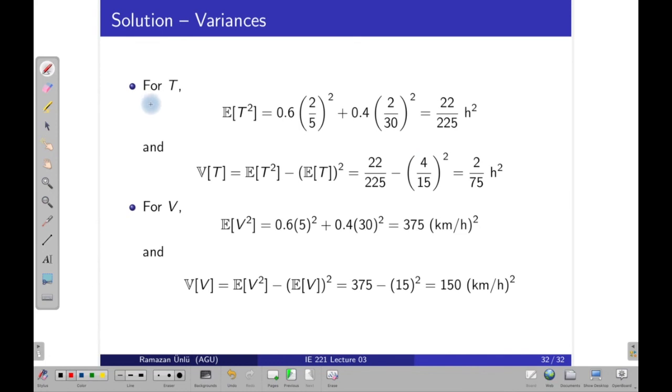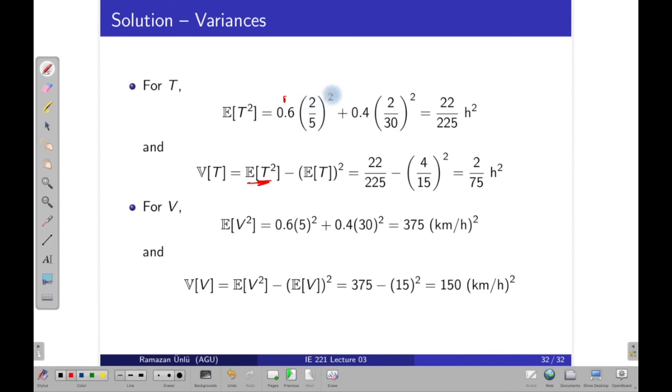The first one we have to calculate is for the time, right? And what was the formulation of the variance of t in this case? The expected value of t squared minus the square of the expected value of t. Let's first calculate the expected value of t squared. These are the given probabilities, and these are the corresponding random variables.